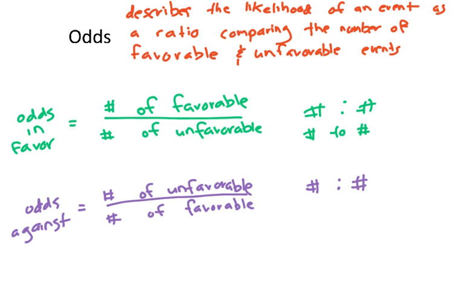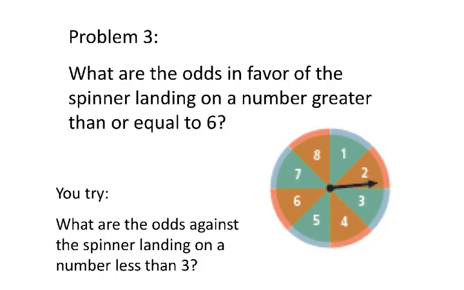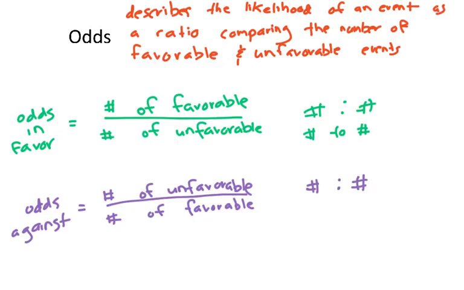So let's go ahead and do an example. Problem 3. And again, you can write on the outside of it. What are the odds in favor of the spinner landing on a number greater than or equal to 6? So odds in favor. You have to pay attention to what it's asking. So we're going to use our odds in favor formula: the number of favorable to the number of unfavorable.